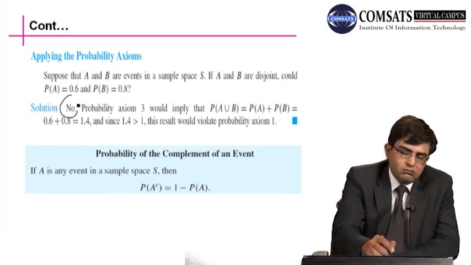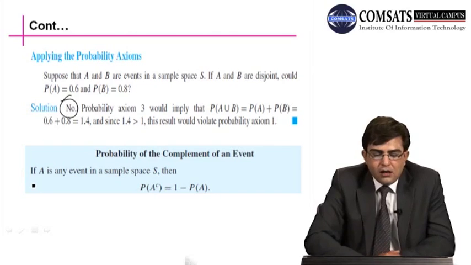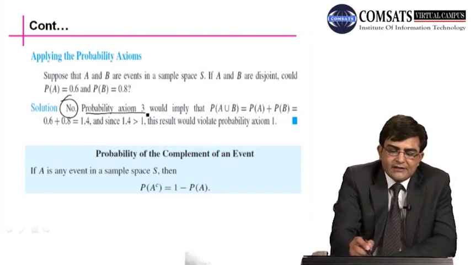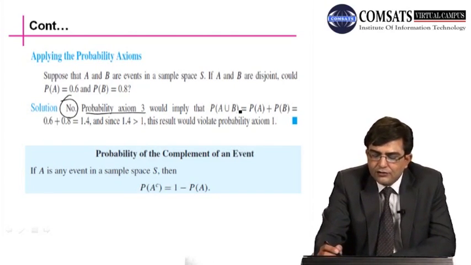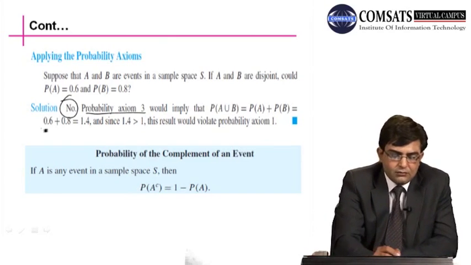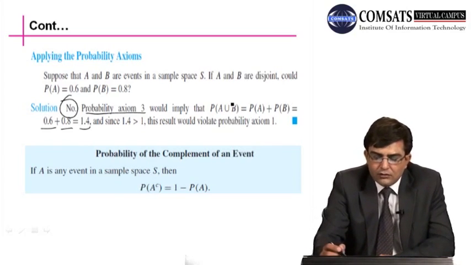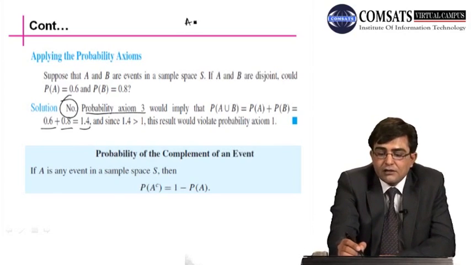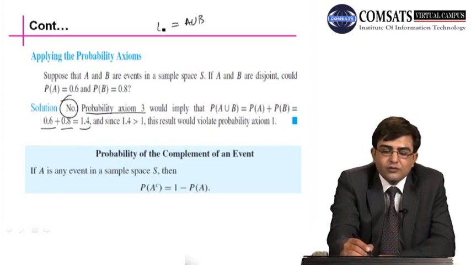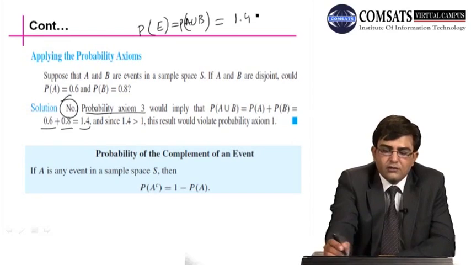No. Probability axiom 3 would imply here that P of A union B is P of A plus P of B, which equals 1.4. Now A union B is an event. We suppose this is E. Now the probability of E is equal to the probability of A union B, which is 1.4.